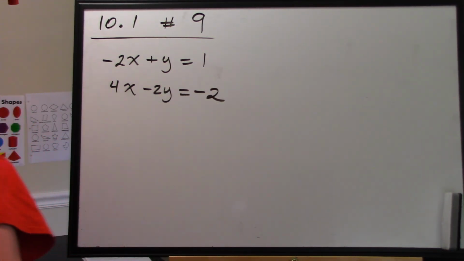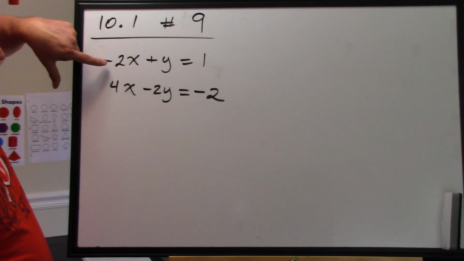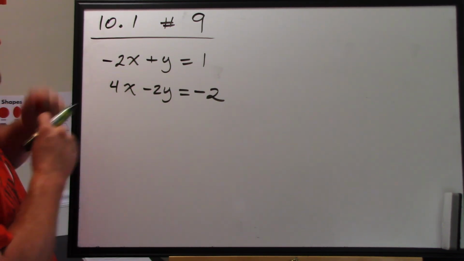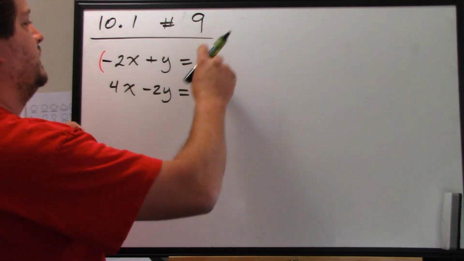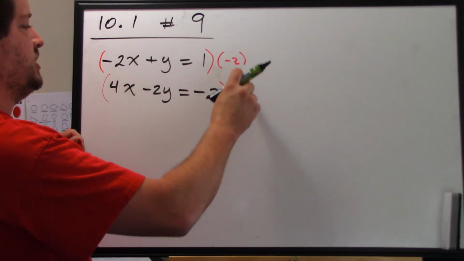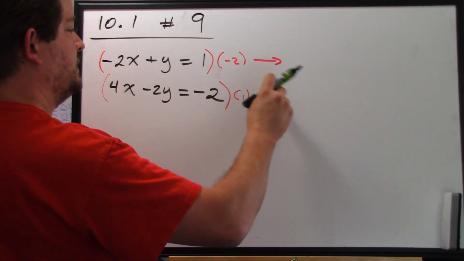Now, I'm a fan of the elimination method, so I'm going to multiply the top by 2 so that my negative 2x becomes a negative 4x and will cancel with my 4x below it. So 2 up top, the bottom doesn't get changed, or you can think of it as multiplying by 1, whatever you want to think of it as.